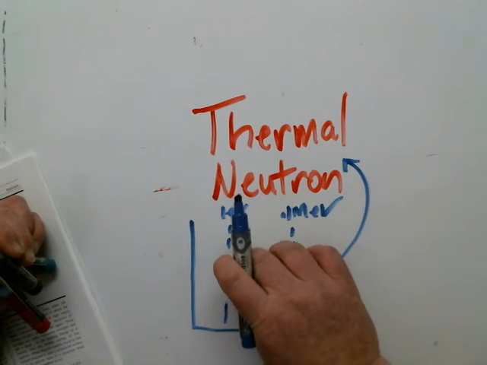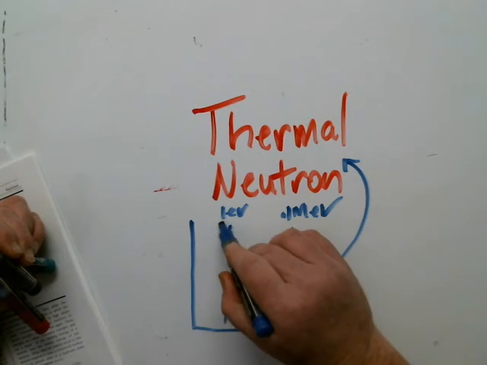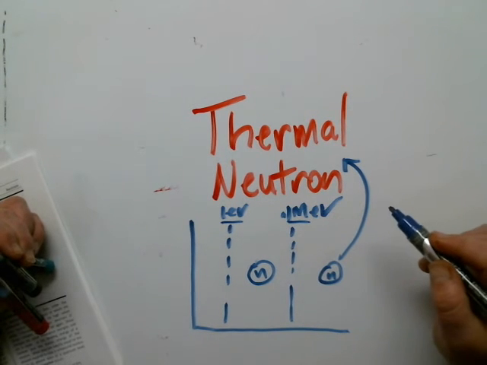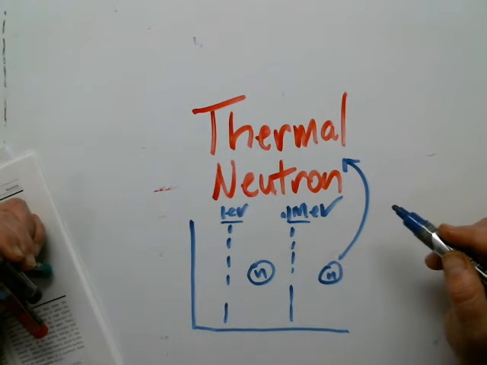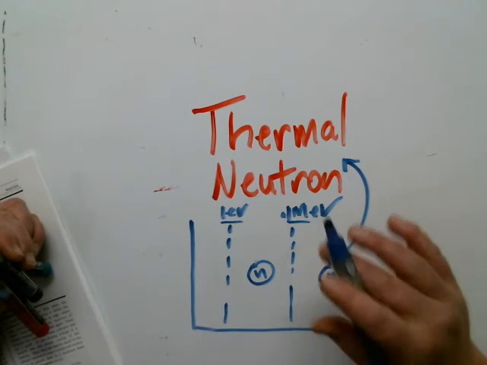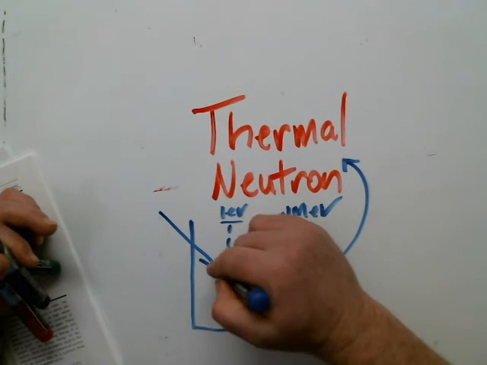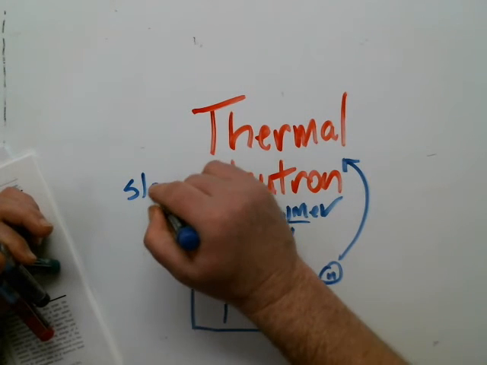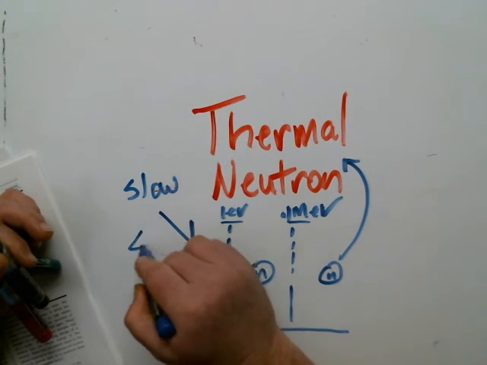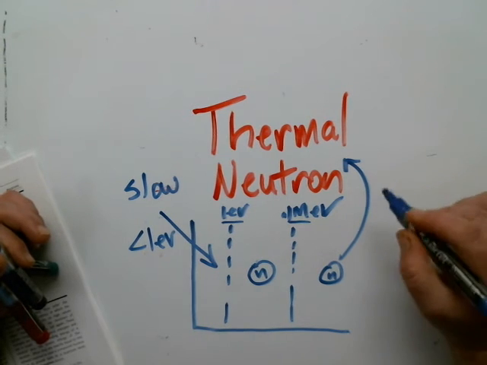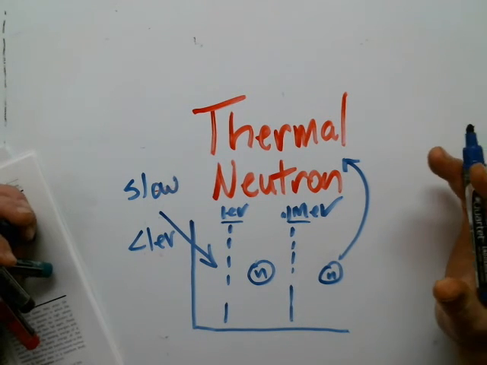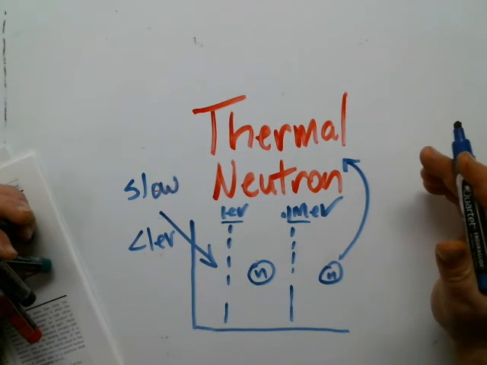It could be in thermal equilibrium with its surroundings because its surroundings are in between 1 electron volt and 0.1 mega electron volt. But for the most part, for us, the slow region, which we know is less than 1 electron volt, is essentially synonymous, but there might be some tricky questions out there.